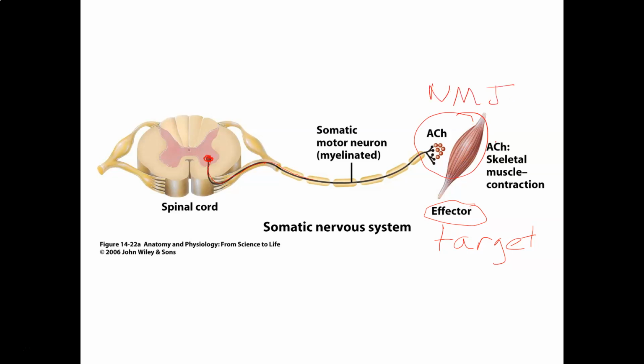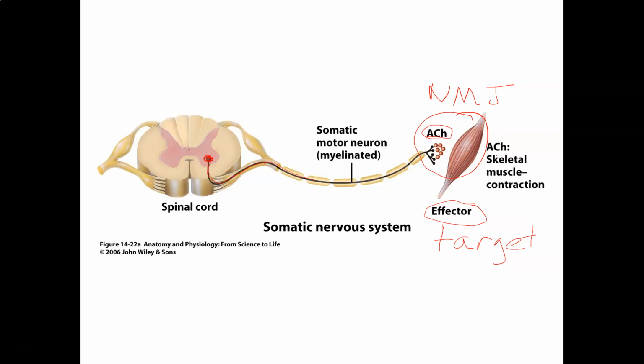And you remember, I hope, this neuromuscular junction here. We spent quite a bit of time on that, where when the action potential comes down, it releases acetylcholine, the neurotransmitter, which binds to the muscle cell, triggers a muscle action potential, and through a series of steps leads to calcium release from the sarcoplasmic reticulum inside the muscle and contraction.